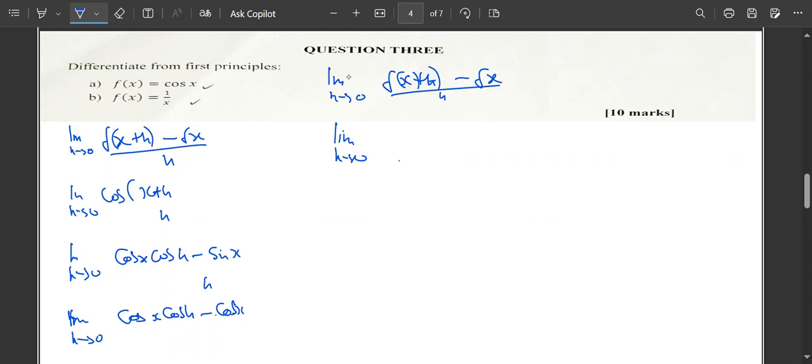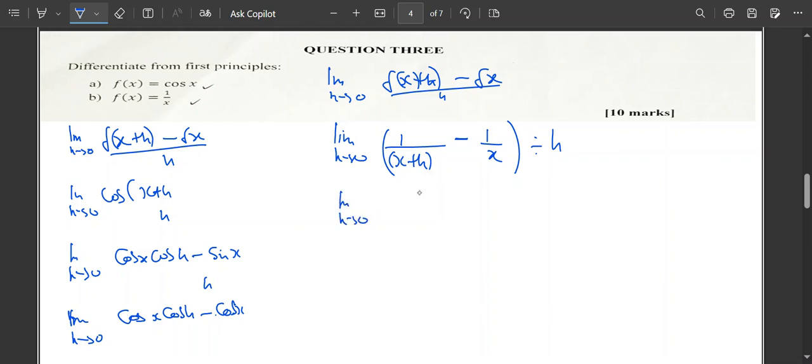So now what I'm going to do here is 1 over x plus h, whenever there's x, that's where you're putting this, then minus the same function. The same function is 1 over x. Then the same function is now being divided by h. So now this will be lim as h approaches 0.